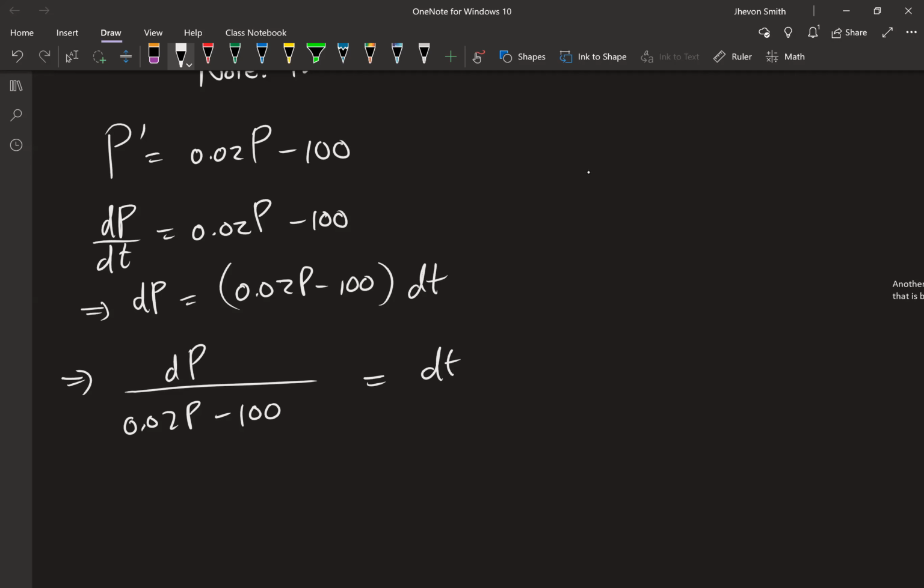Adding something to both sides is almost never what you want to do. You want to move things across the equal sign via multiplication and division. You need them to be attached by multiplication to the differentials. So when you think separable, stop thinking adding and subtracting. You should be thinking multiplying and dividing. You need to write it as something times the dp and something times the dt.